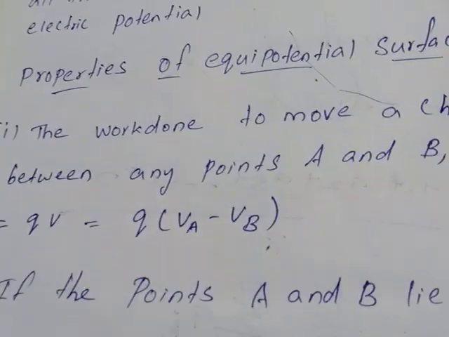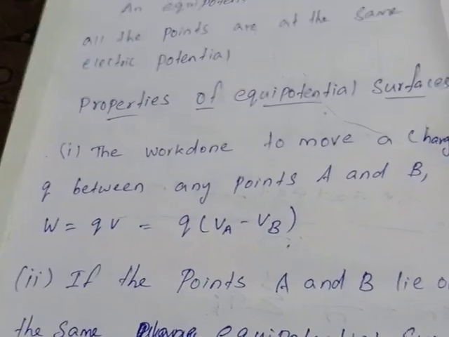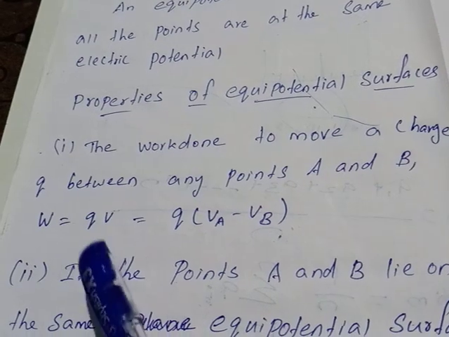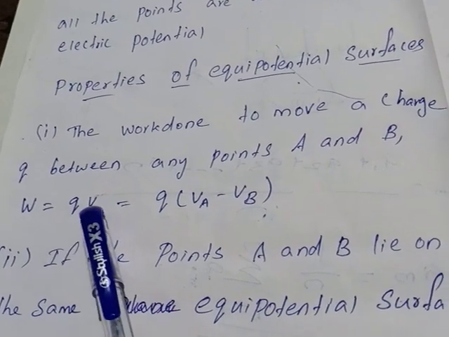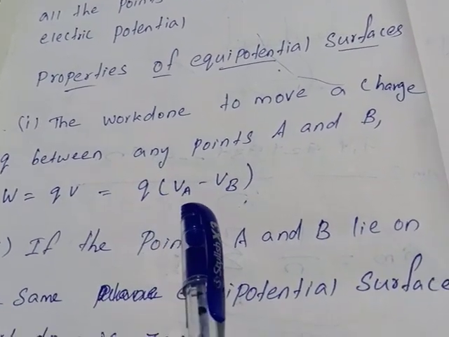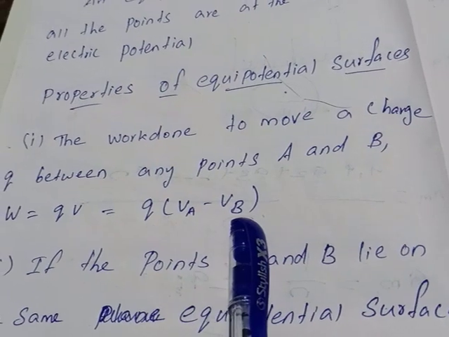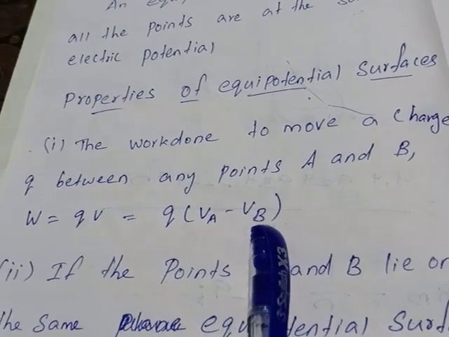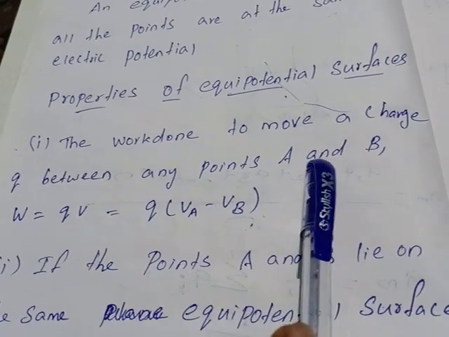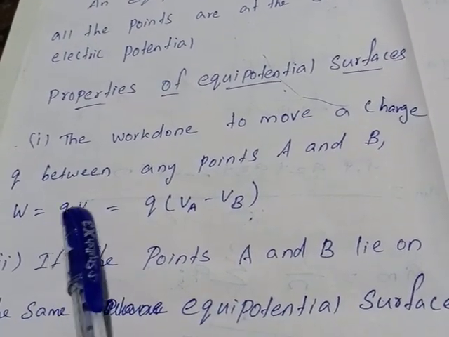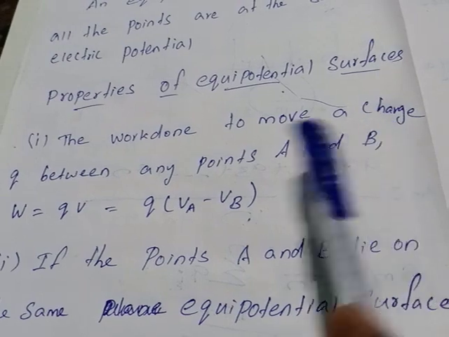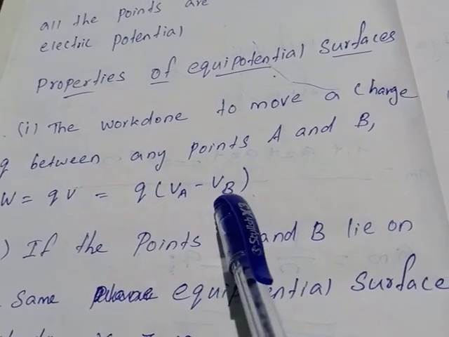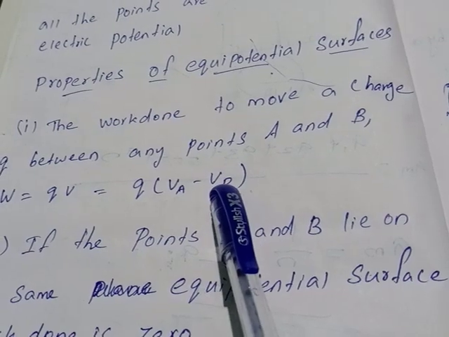The work done to move a charge Q between any points A and B is W is equal to QV, which is Q into (VA minus VB).